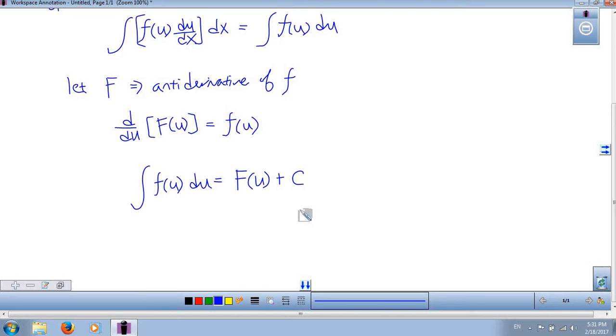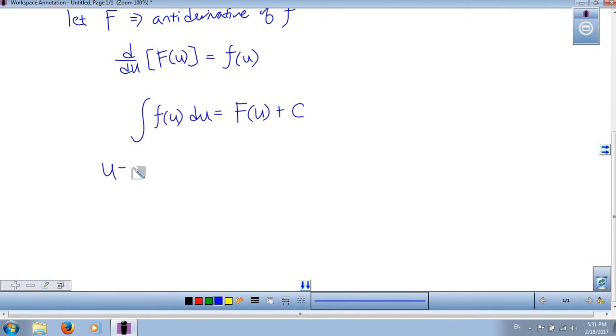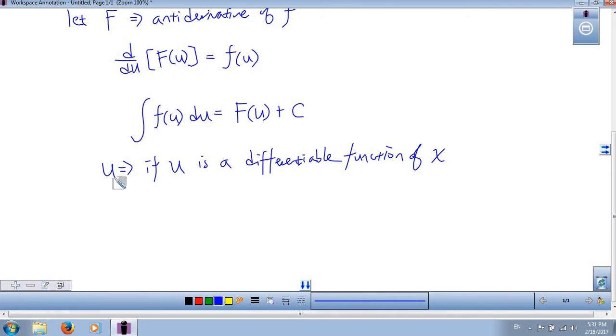Okay. So now the next step is if u is a function of x. If u is a differentiable function of x, that means f of u is a composite function, because u can be expressed as a function of x. Then let's take a look at this expression again.